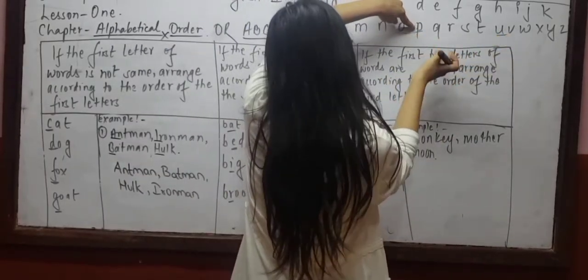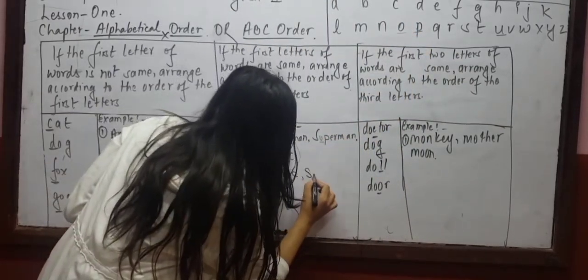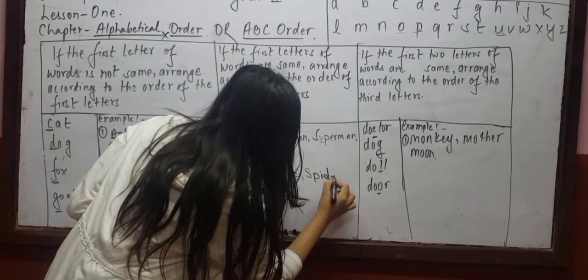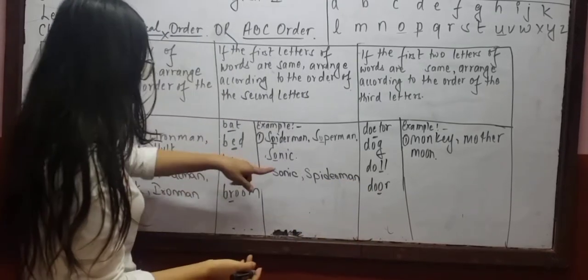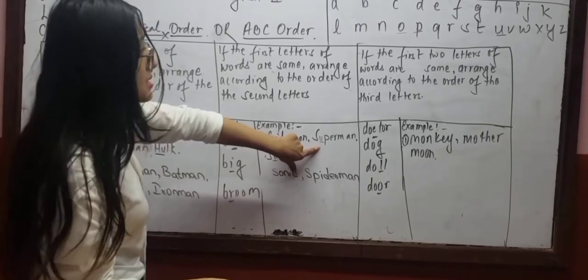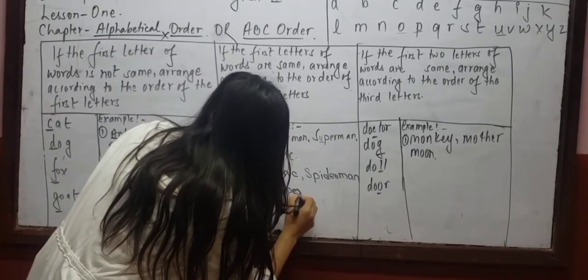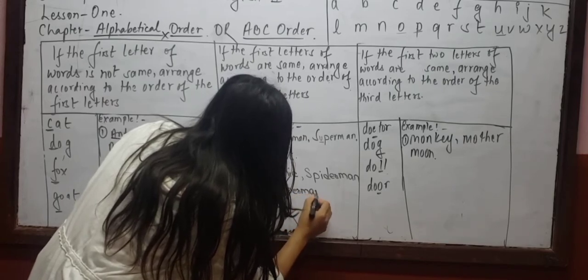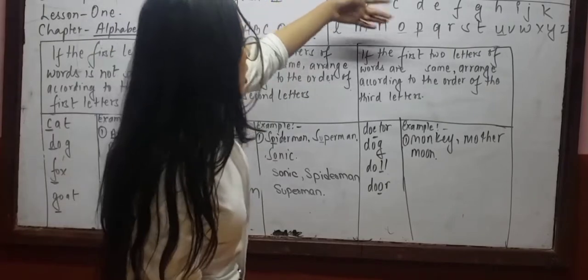So we are going to write P. It's Spider-Man. And last we have Superman because U comes last. Okay, we have done.